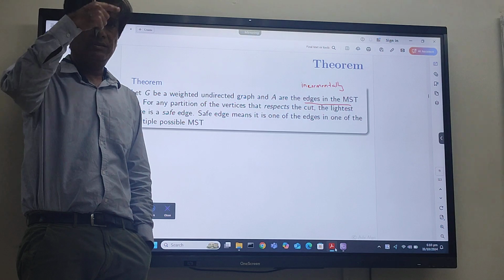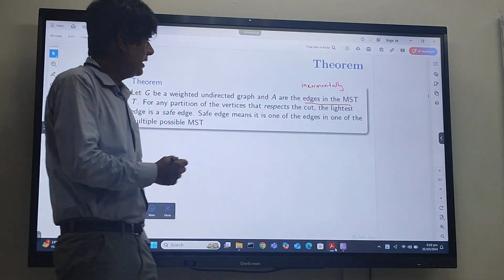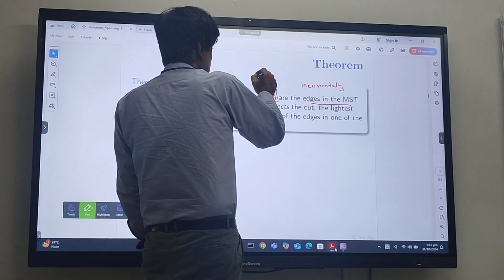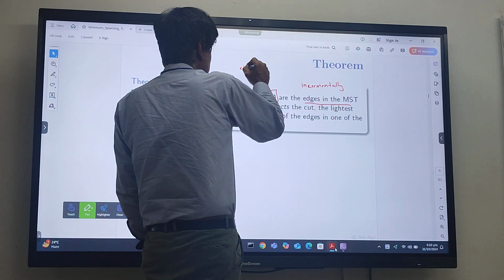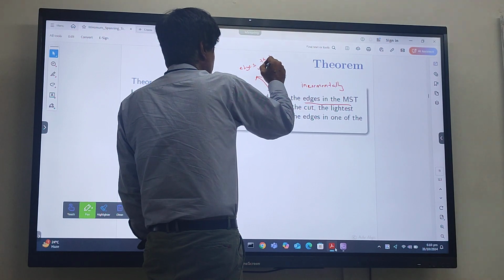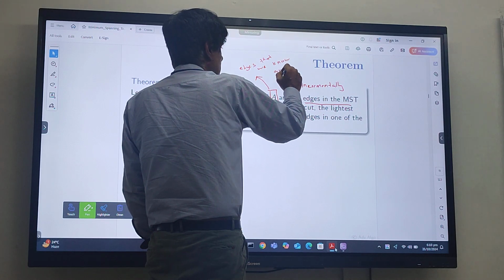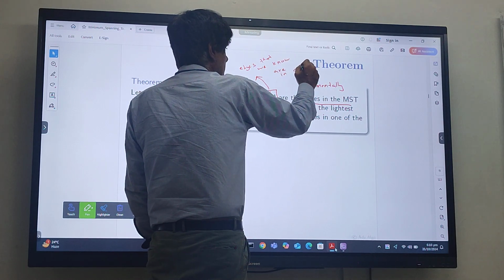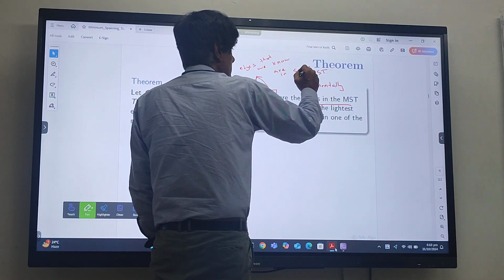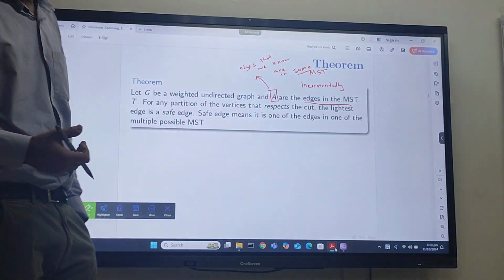So it runs in a loop, and in each iteration it is adding an edge, and at some particular time A is the set of edges that we know are in some MST. Some MST meaning one of the possible MSTs.